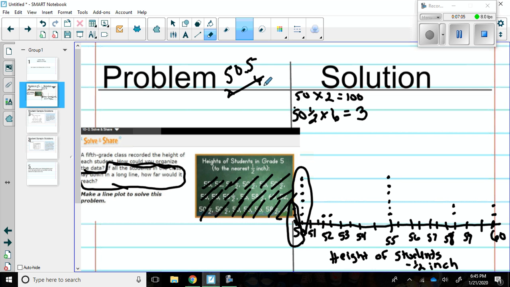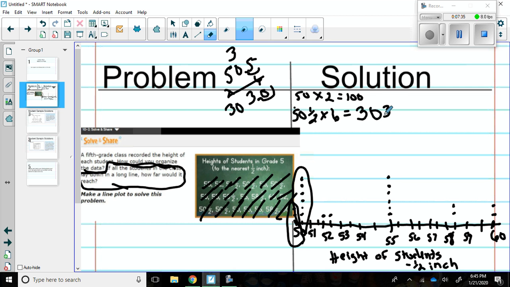So I'm going to multiply. 6 times 0 is 0, plus 3 is 3. And then 5 times 6 is 30. Remember, can't forget my decimal. It's one place over from here. I have to move it one place here. So 50 and a half times 6 is 303.